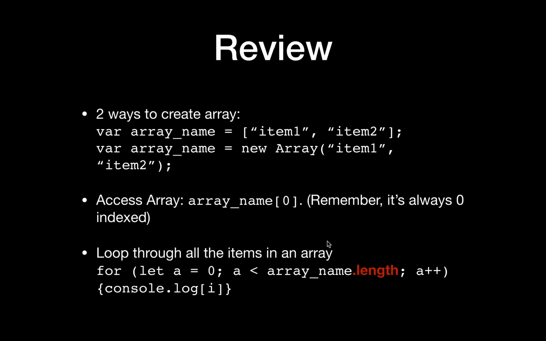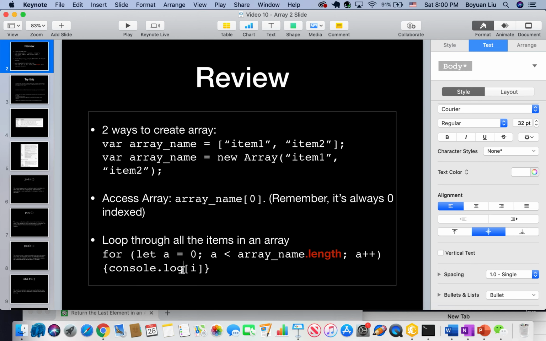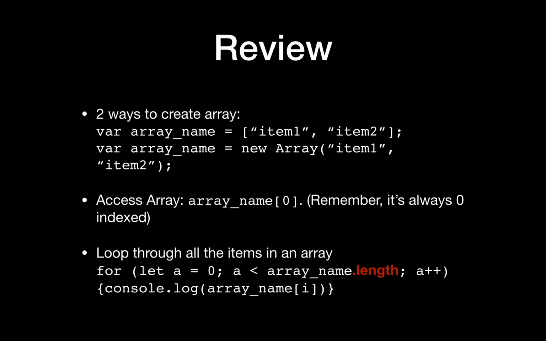And we also learned another important concept called loops, which go through the items in an array. So we use for and create a variable called a equal to 0, and a smaller than array name dot length. I'm sorry, there's some mistakes. So we do this: a smaller than array name dot length.